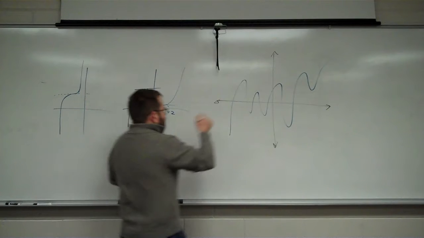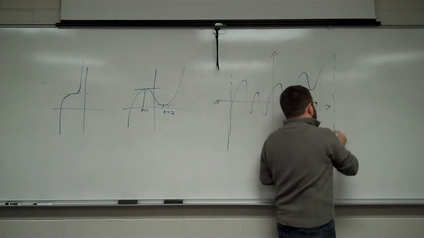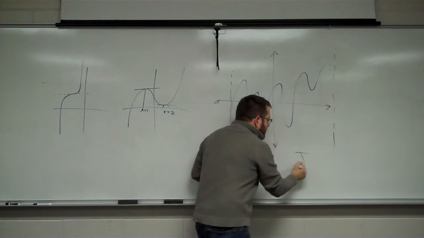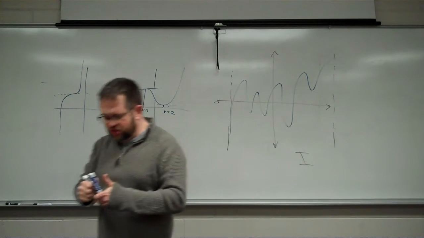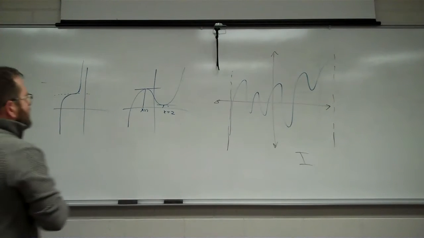So there's some range. We're going from here to here. This is our interval I. And we're saying on that range, where's the maximum? There is a pretty nifty rule.